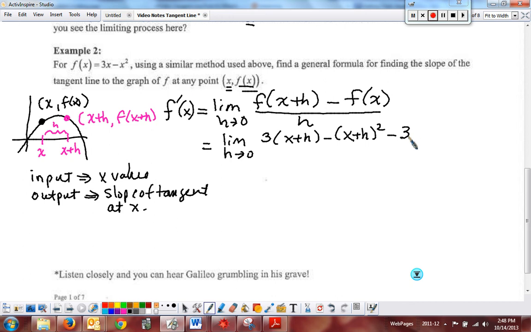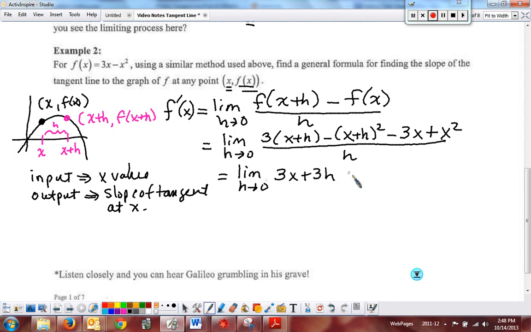So it'd be minus 3x plus x squared, all over h. Now we have to do a little algebra. Limit as h goes to 0. This would be 3x plus 3h minus, I'm going to go ahead and just FOIL this and distribute the negative at the same time. So we'd have minus x squared minus 2xh minus h squared.